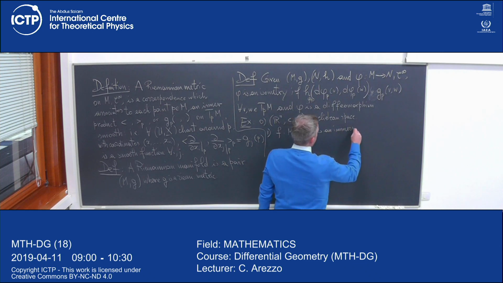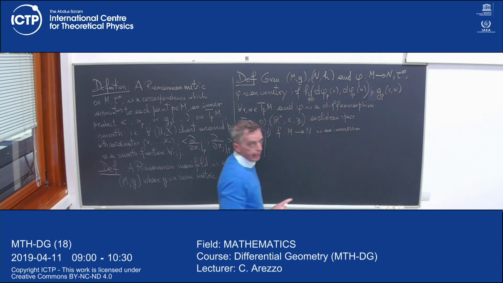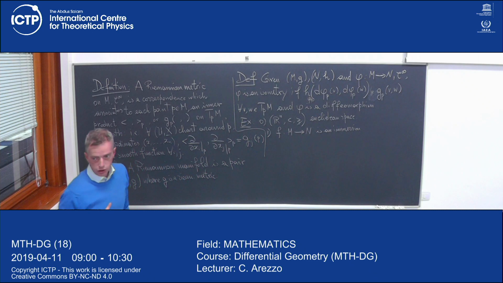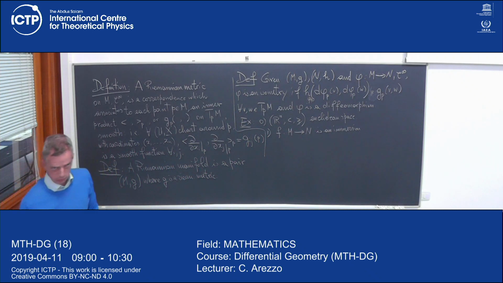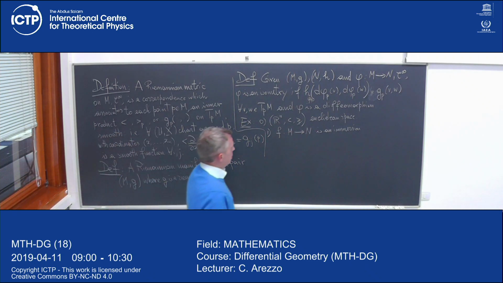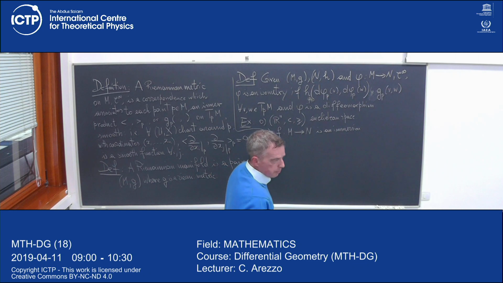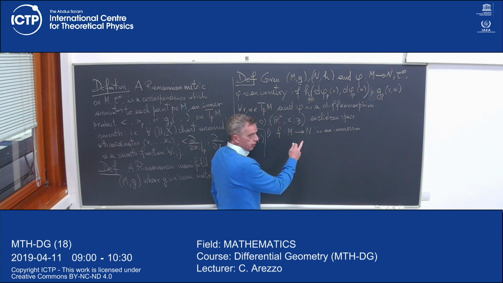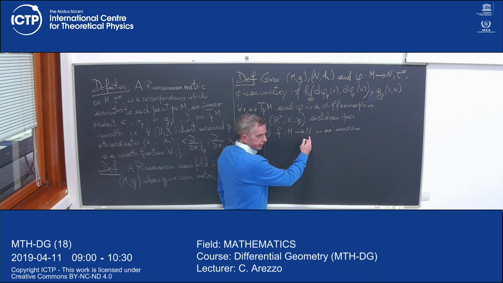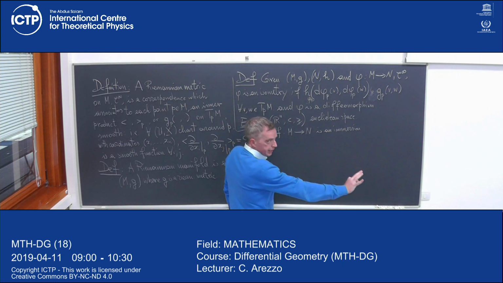Remember, an immersion means it's differentiable and the differential is injective. Okay, so the differential does not have a kernel. So in particular, remember, this can happen only if the domain has dimension less than or equal to the target. Okay, so it's something from small to big.